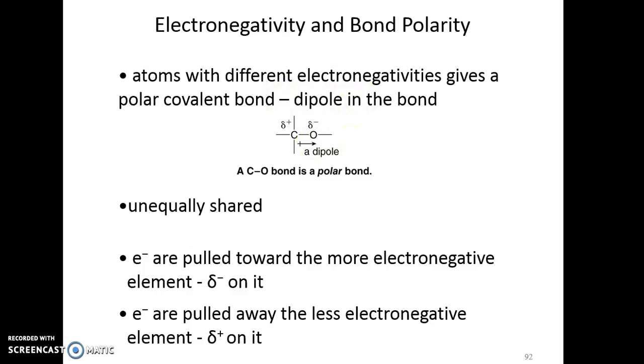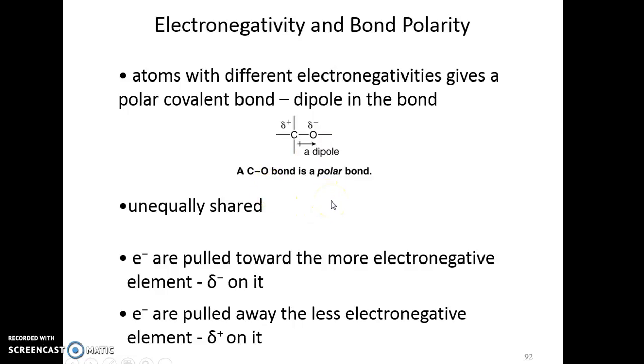So it builds up a small amount of negative charge that we write as this symbol here, a lowercase delta, negative. And pulling the electrons away from the carbon leaves a small positive charge, which we write as delta positive. This is what we call a polar bond, and it's due to a difference in electronegativity.